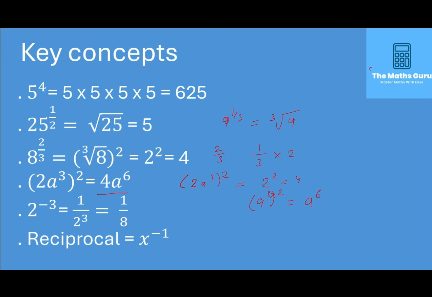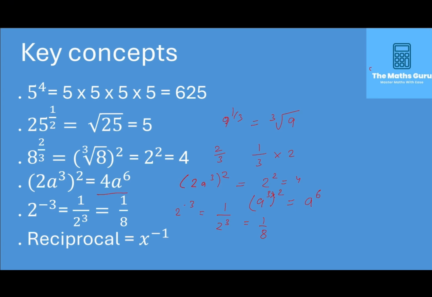So anything to the negative power, we first initially flip. So as you can see, 2 to the negative 3 will be equal to 1 over 2 cubed, which is just 1/8, as you know. So essentially when we have a minus, we flip the fraction, put it 1 over, and get rid of the minus.